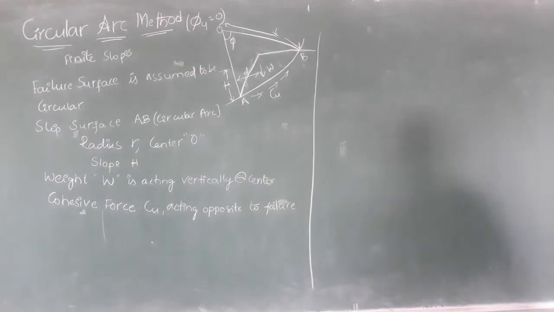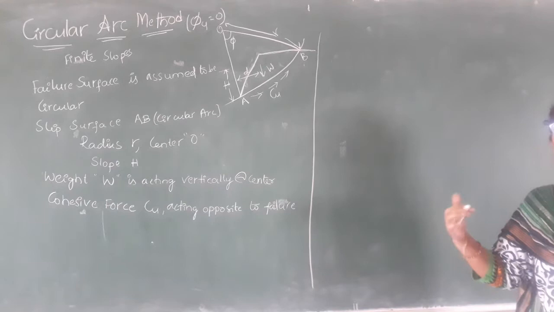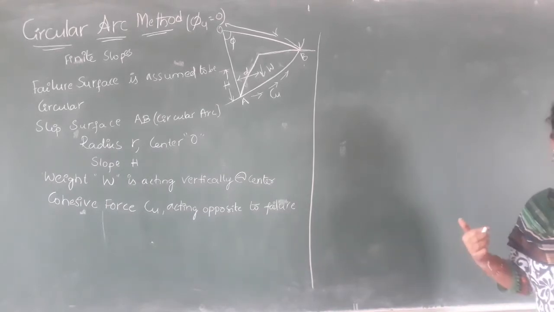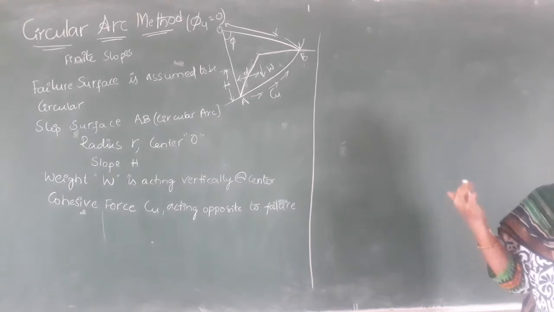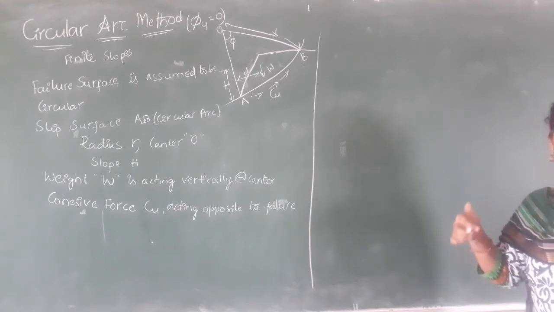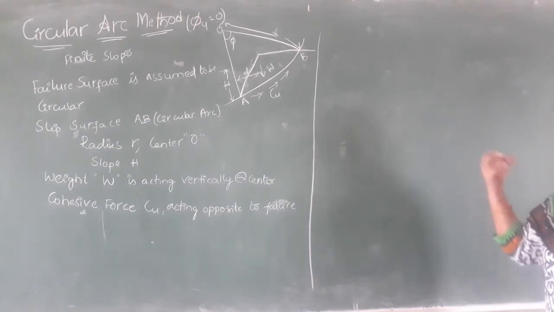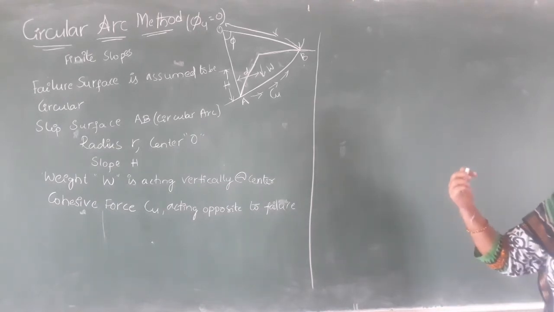Factor of safety, we know, is the ratio of resisting moment to the driving moment. We said resistive forces to the driving forces, or shear strength to the shear stress, so resistance force to the causing forces. In the same way here also we define factor of safety.